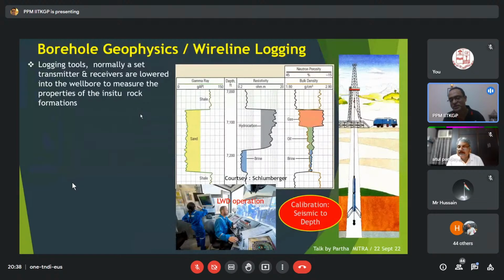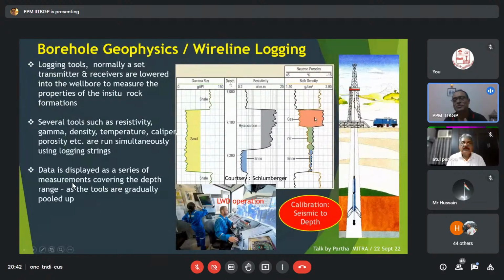You generate a synthetic seismic from this information. Of course, for that we need a sonic. I'm not going into detail of that. And then you match the recorded seismic with your synthetic seismic to say what is my calibration point.